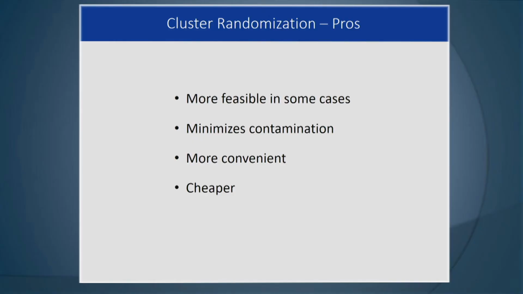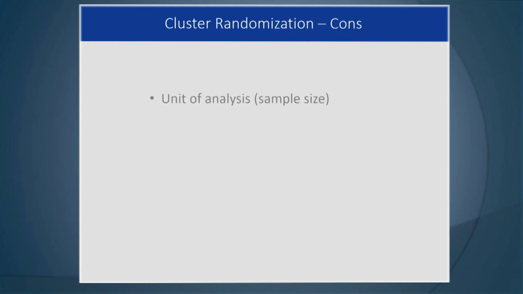So again, a little bit of a repeat here, but the pros of cluster randomization: it's more feasible in some cases, minimizes contamination, more convenient, and cheaper. The cons are, first, the unit of analysis. It's a little bit what I was talking about a minute ago: you're randomizing clusters, but in some cases you analyze individuals.